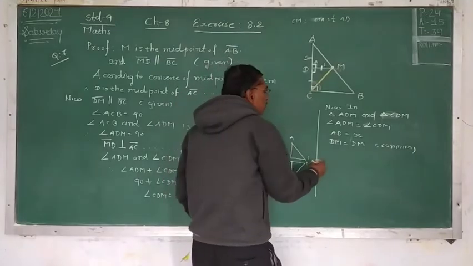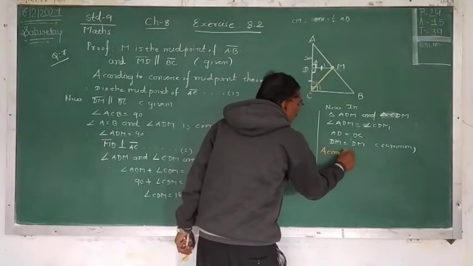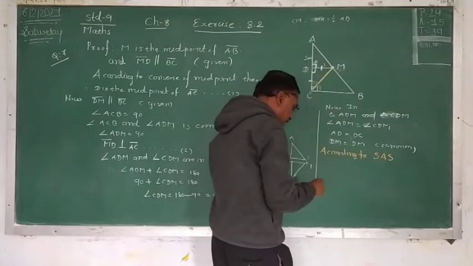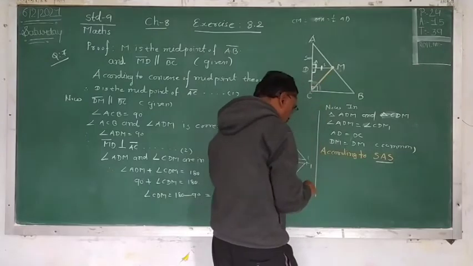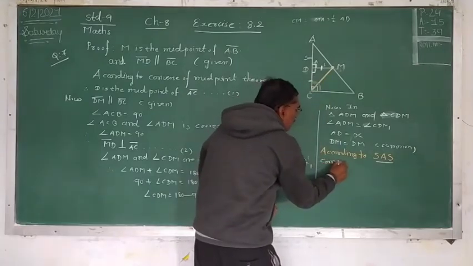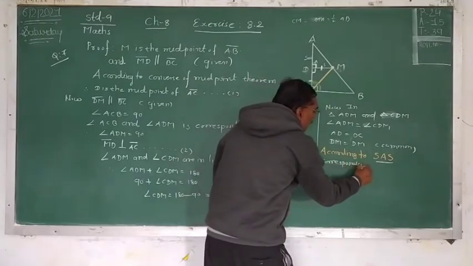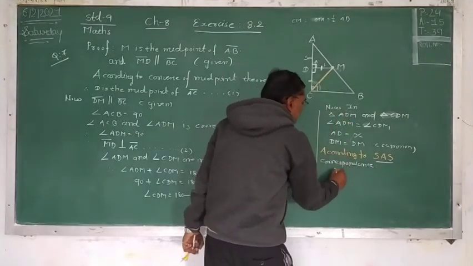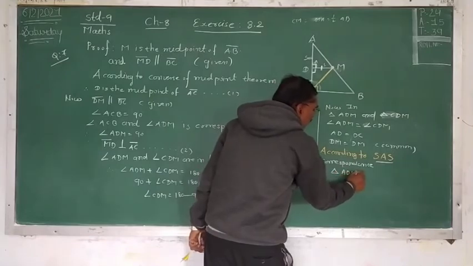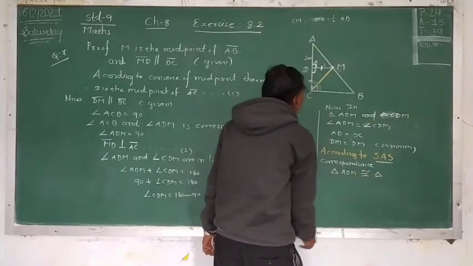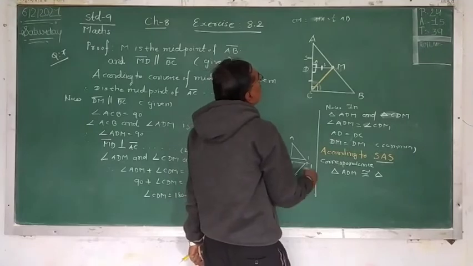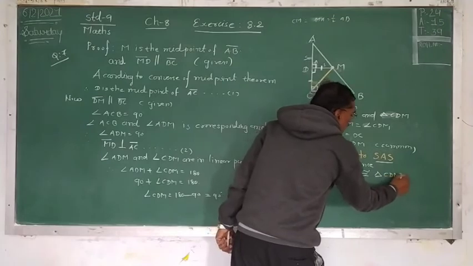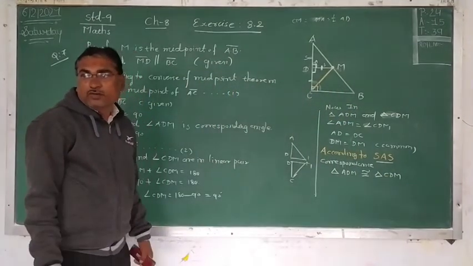So according to SAS, side angle side, correspondence, two triangles ADM and CDM are congruent. Two triangles are congruent. Okay.